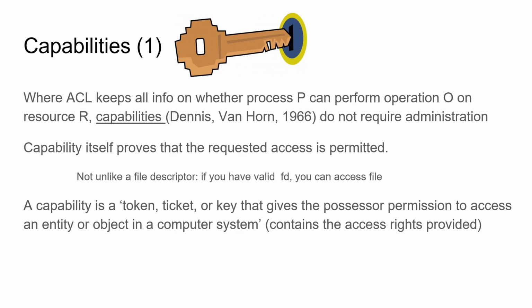The file was opened, you get a file descriptor, and that means you can perform some operations on this. Like that, a capability is a token, an identifier, a key that gives the possessor of the capability the rights to access an entity or an object in the computer system in a certain way. So the access rights are contained in the capability.